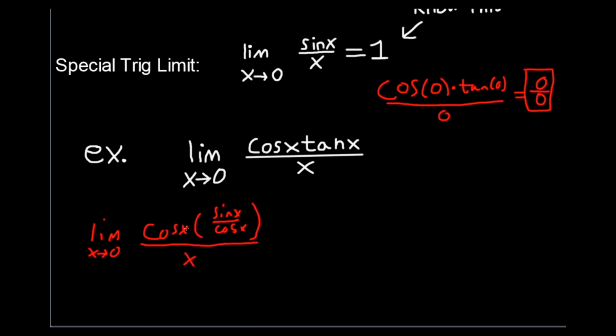And then these cosines will cancel. So now we have sine of x over x, and like I said up here, this is our special trig limit, so this is going to equal 1. It's important that you know this because you would not get 1 normally if you just plugged in 0.